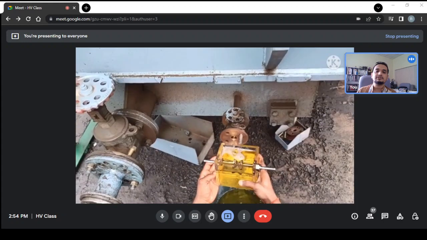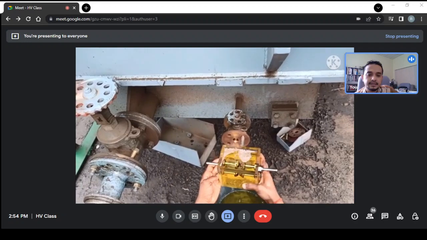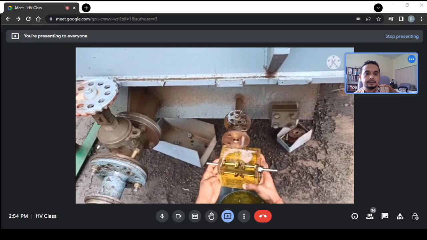The insulation is very much important. Now it is fully covering the electrode, and then we will close the container, we close the tank.